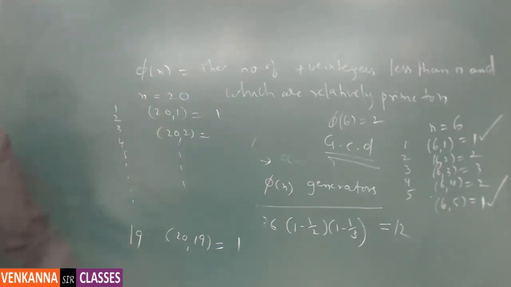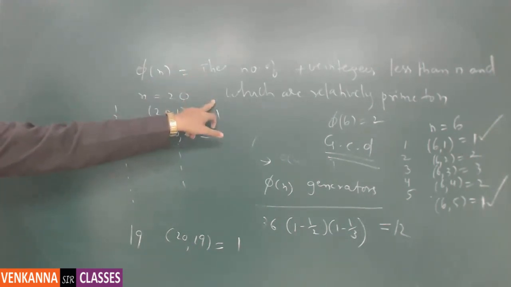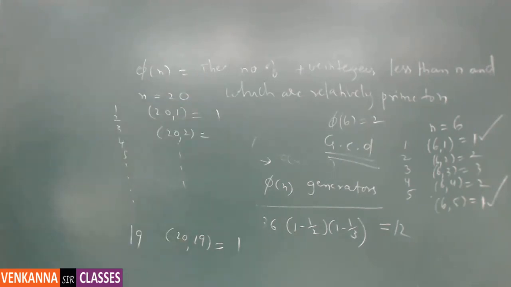That we call phi of n. As per the definition, the number of positive integers less than n and which are relatively prime to n. Since doing it like that every time is very difficult for a big number n, we will use the prime factorization technique, which is very convenient to calculate the phi of n value. Okay?